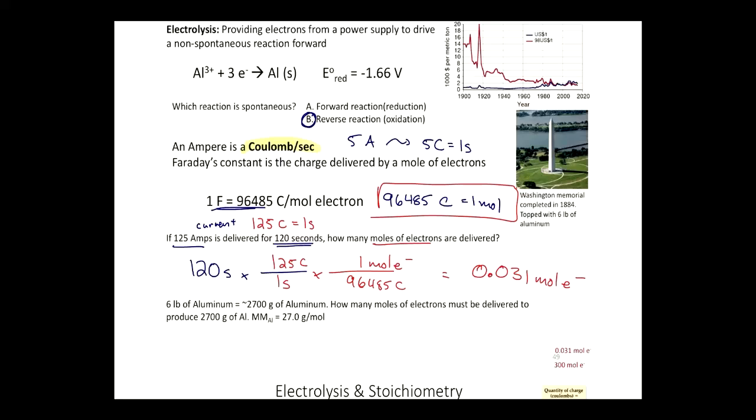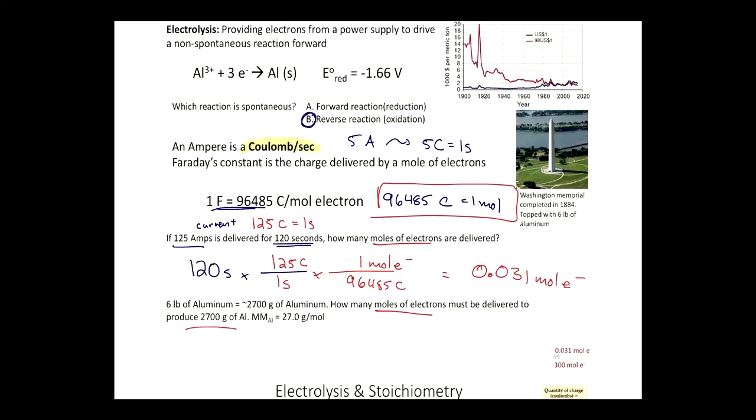So the Washington Monument is actually topped with 6 pounds of aluminum, because that's what was expensive at the time, right? So let's calculate how many moles of electrons we need to deliver to produce 6 pounds of aluminum.